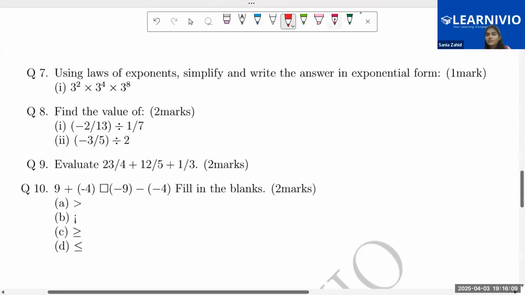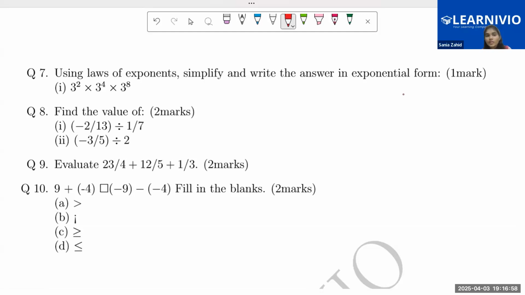You understood the question? Yes, ma'am, is the answer 3 to the power of 14?